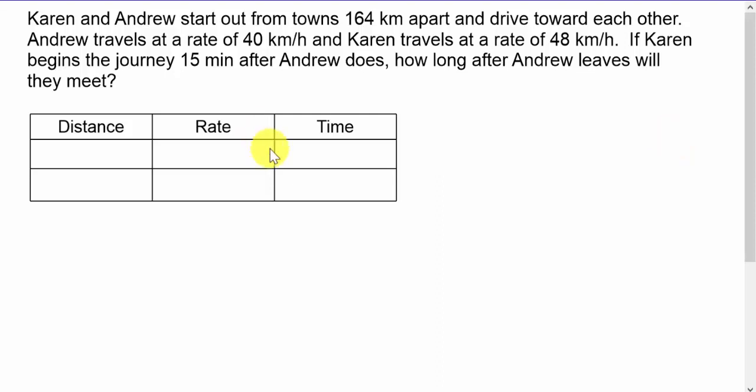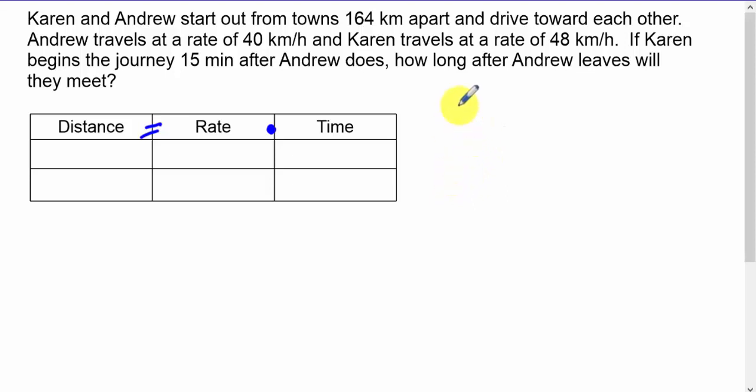So I'm a big fan of these charts, and we know distance is equal to the rate multiplied by the time, right? And my general attack on these things is fill out a chart first, use it to get everything you can relative to the problem, and then write an equation. I also like to look at the problem, read it, and draw myself a picture to get an idea of what that equation is going to look like.